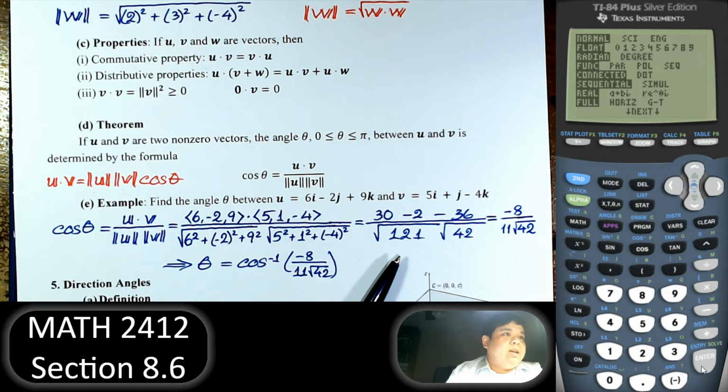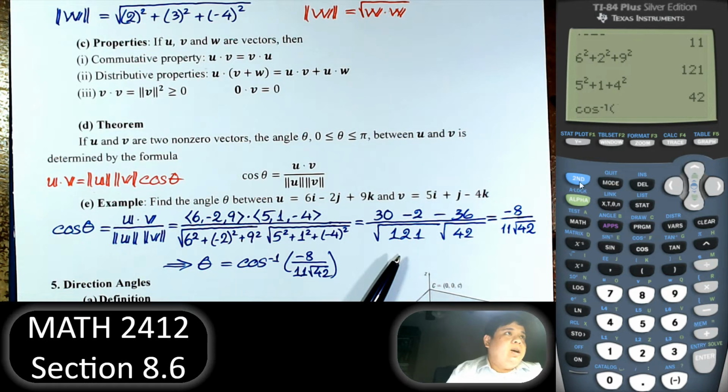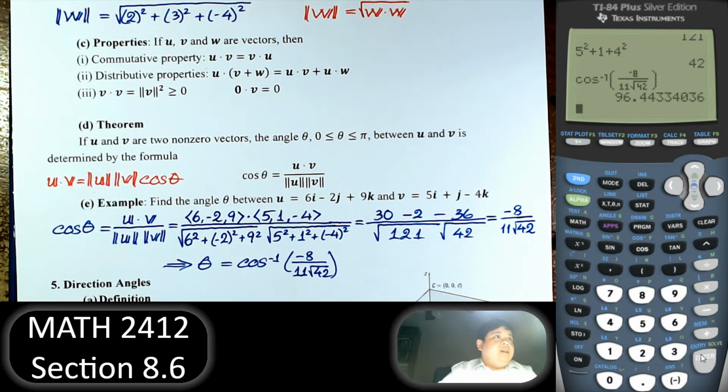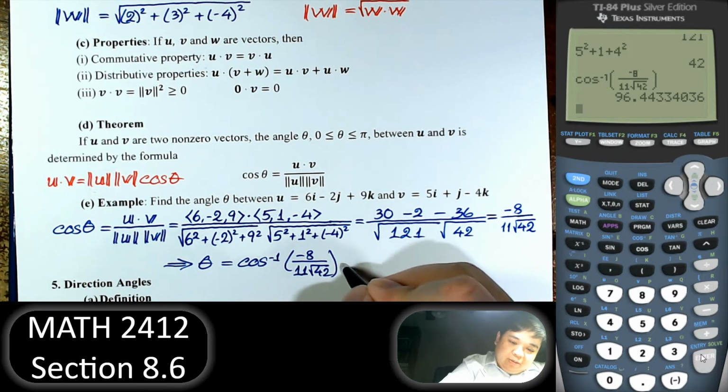Wait, so in degree mode. Yep. So cosine inverse of a fraction where we have -8 on the top, 11 times square root of 42 at the bottom, and cosine inverse of that is 96.44 degrees.